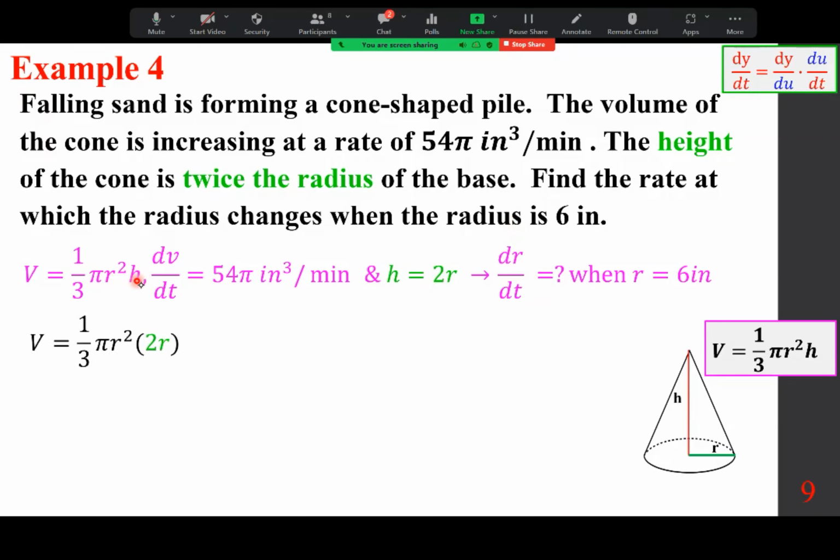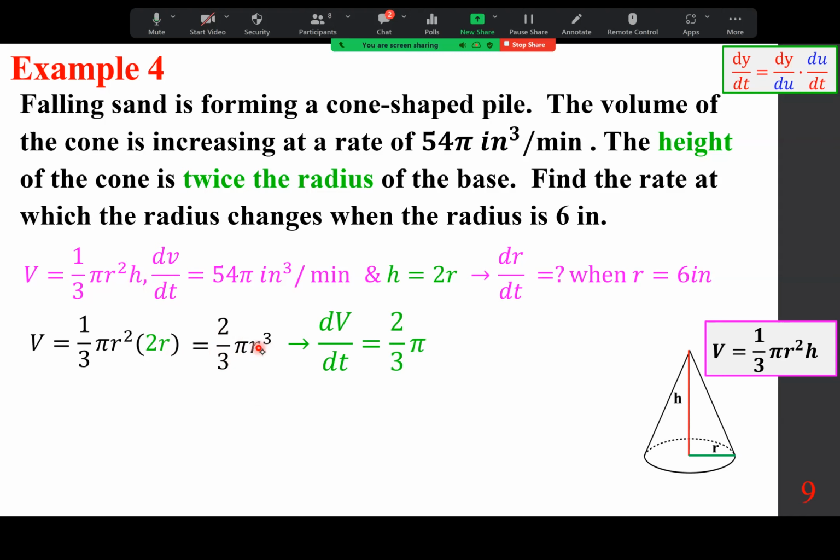And that gives us 2/3 pi r cubed. Now, the volume is a function of a radius and radius only. We're going to find dV dt. And that is 2/3 pi. 2/3 pi is a number, everybody, and I put that on purpose.